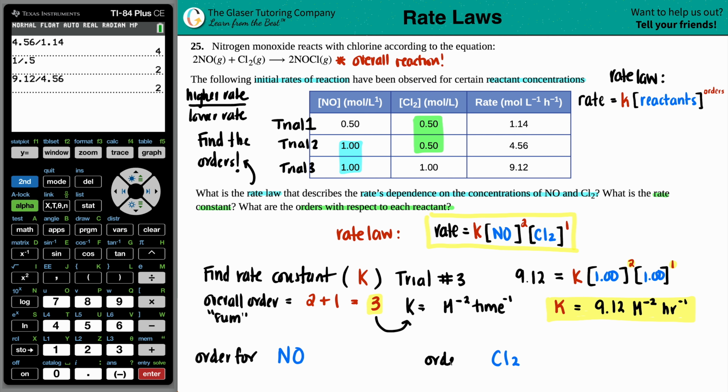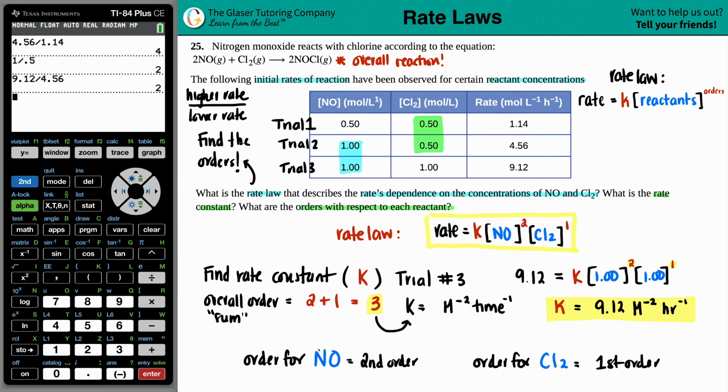This is just the exponents that we found, so we already found these answers. The order for NO is raised to the second, so that's second order. The order for Cl2 was raised to the first, so that's first order. And those are your orders with respect to each reactant.